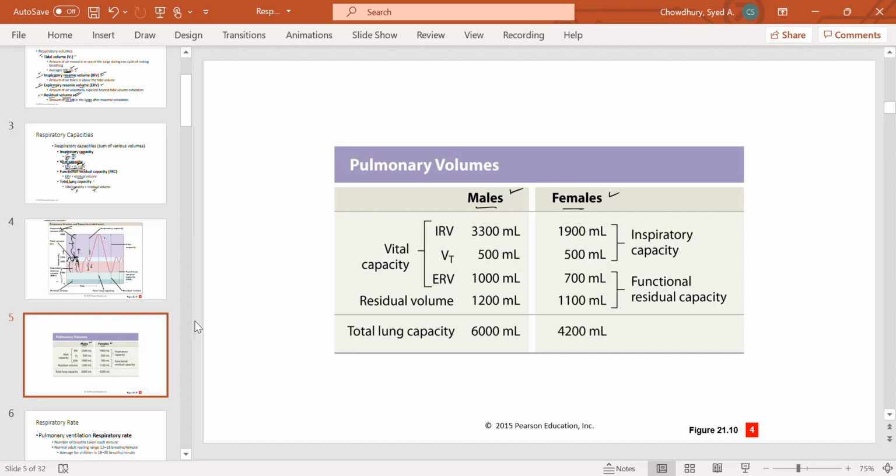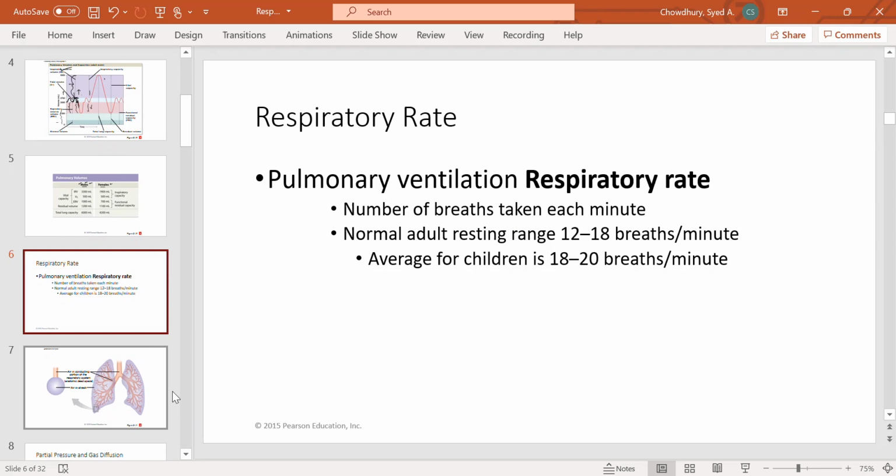So metabolism more means male body requires more oxygen, because oxygen is used in metabolism. And also the respiratory muscles are stronger in male than the female. So the volume and capacity, those are bigger in male.